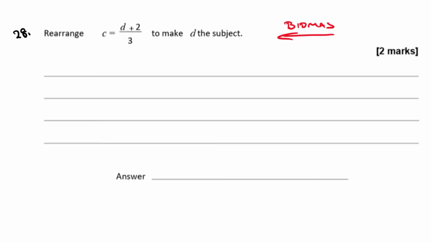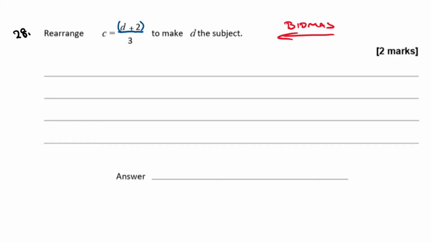Okay. Now, when I've got c equals d plus 2 over 3, doing that would imply you have to deal with the addition first. But because this division line goes all the way across those two things, actually you've got an implied pair of brackets around that d plus 2, because you are adding d and 2 together and then you're dividing everything by 3.